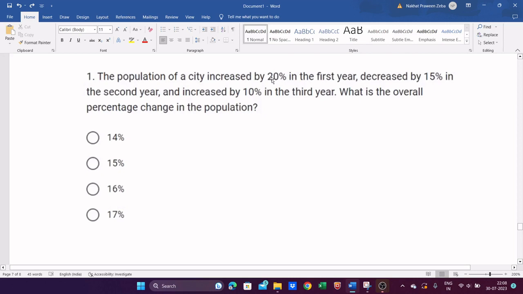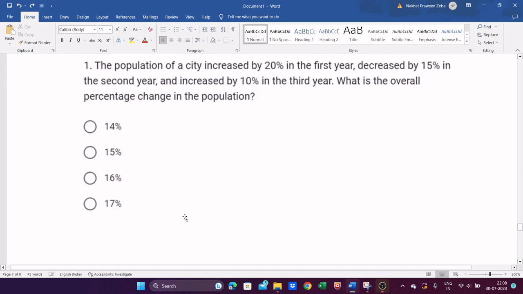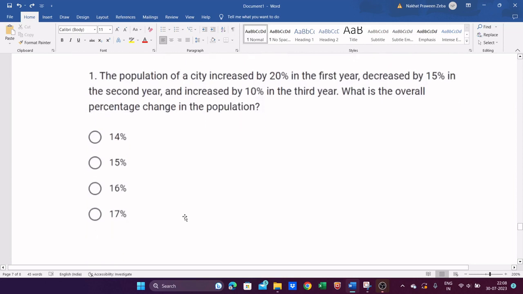You need to take the last increased value, 120, and then apply the 15% decrease: 120 minus 15, because last was 120, it was increased 20%, then minus 15. And then multiply by the increase of 10% in the third year.